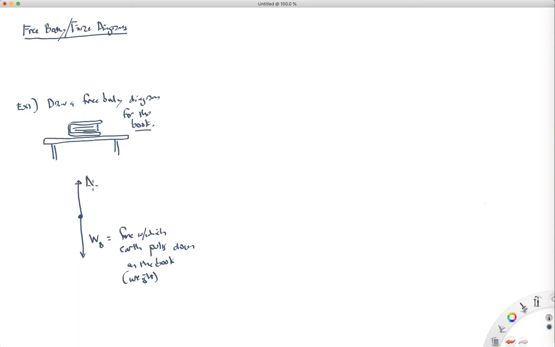It's very common to write this as an N. That is the table pushing up on the book. And again, this is called a normal force. Not normal in the sense that it's regular, but normal in the sense that it's perpendicular to the surface of the book. I'll emphasize that right now.